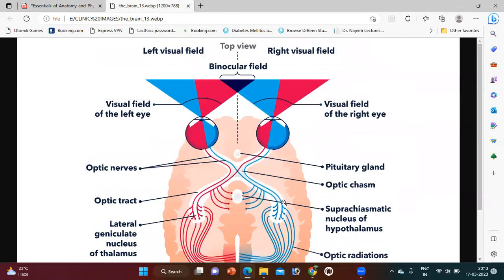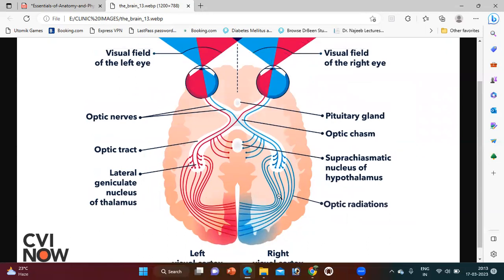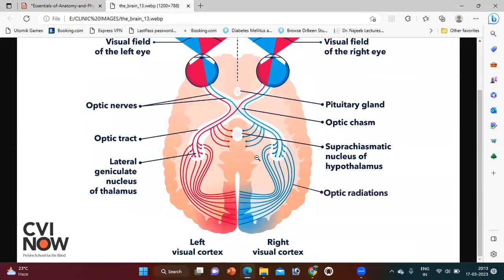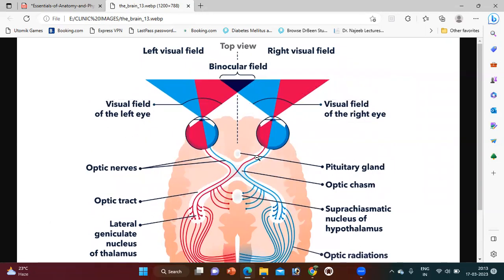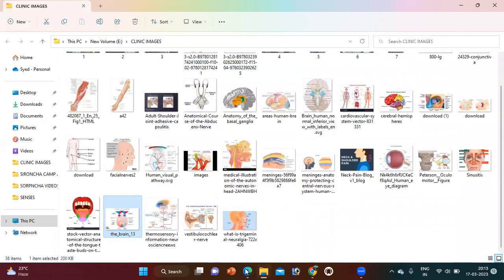So this image will come here and will be seen with the help of the right visual cortex. This image will come here and cross the pathway at the optic chiasm. We have the pituitary gland in front of the optic chiasm. So these are the things involved in the visual pathway. I hope you understood these things.